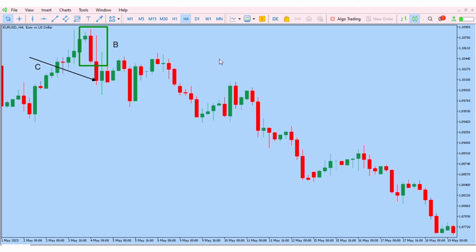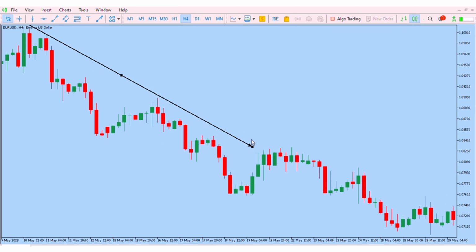If you notice, the engulfing pattern initiated a strong market downtrend. This resulted in a very huge profit for traders who followed the analysis.